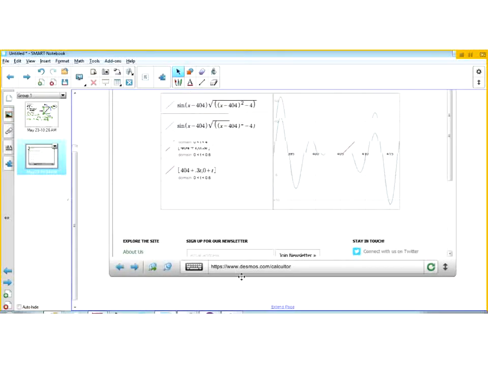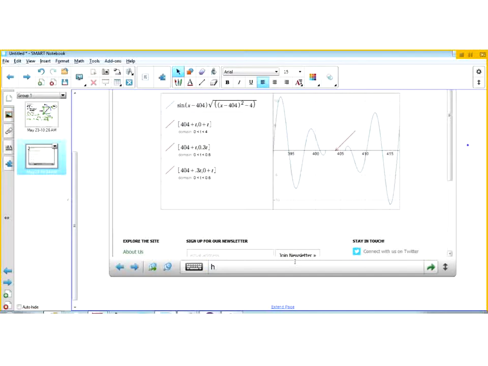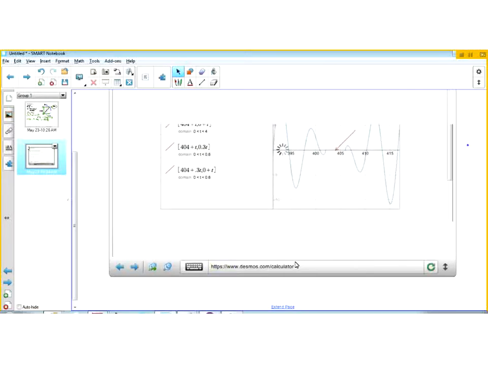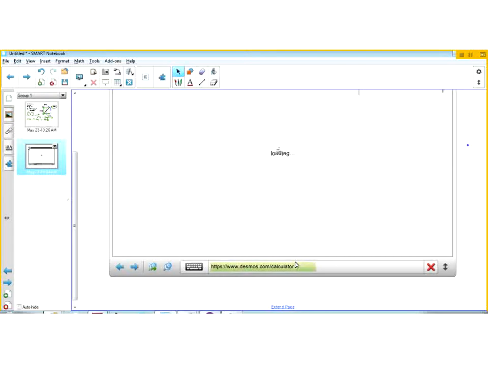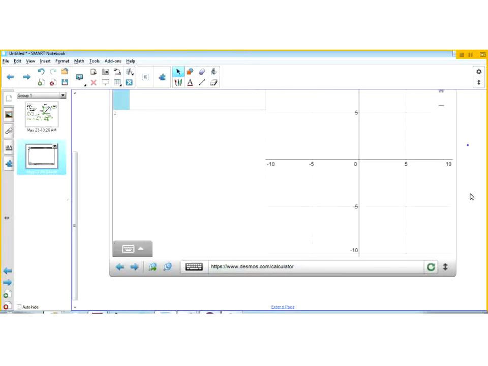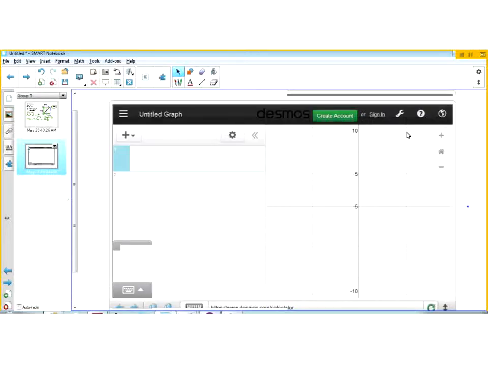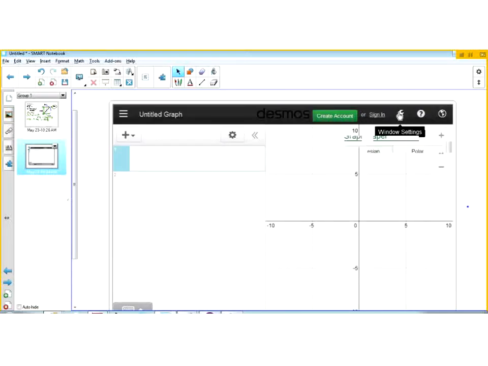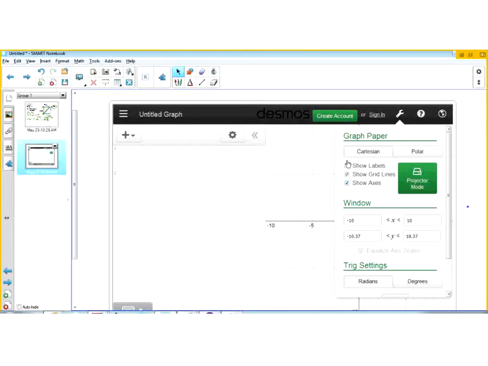Page not found. Why not? Desmos.com. Okay, there we go. So let's configure the properties of the coordinate system to show labels, show grid lines, show axis.